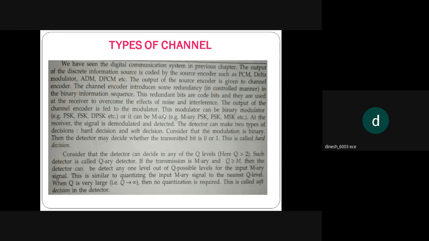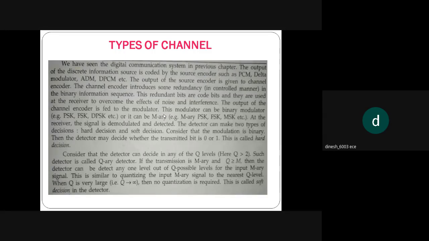One is taking a hard decision, and the second one is a soft decision. If we consider a binary modulation system where either binary 0 or 1 is being transmitted, a hard decision detector system was implemented.